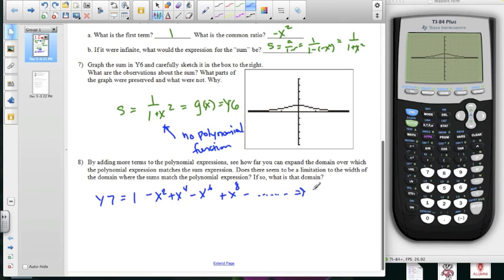So the sum of this has got to equal 1 over 1 plus x squared.